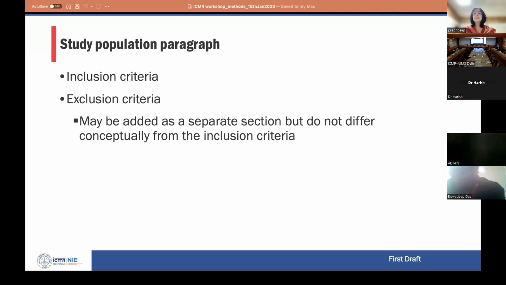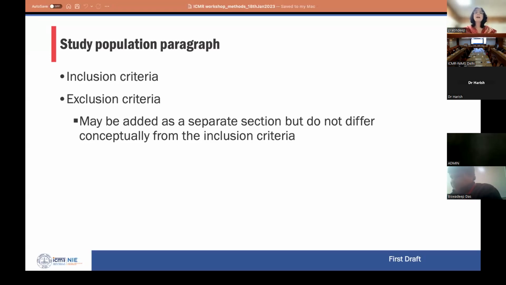So is your study in the reproductive age group, is your study only for adults, only for children, and are you excluding someone within that population? Like for instance, some study may say, okay, it's for women, but who are not pregnant. Or let's say it is for people below the age of 60 years.